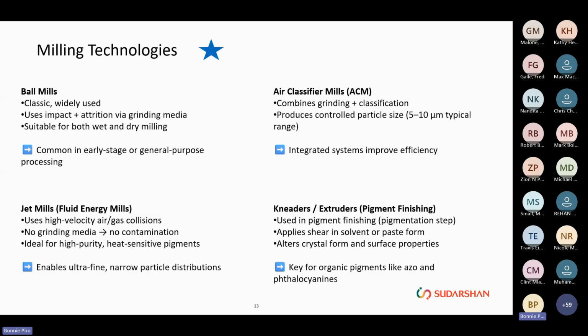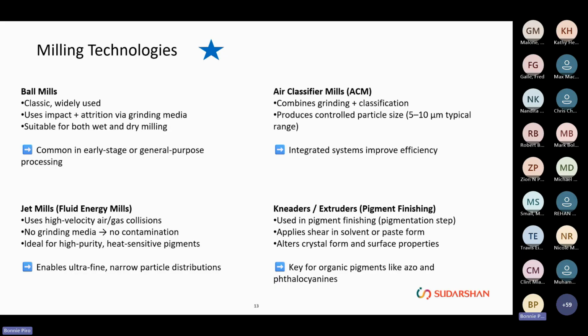These are good for very high purity applications. So think inkjet pigments that need high purity for the inkjet heads. Heat sensitive pigments too, these operate at a much lower overall temperature, so we're not going to introduce high heat where the color of the pigment itself can change.